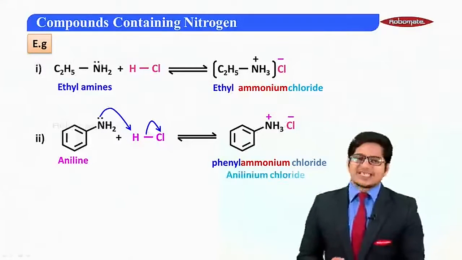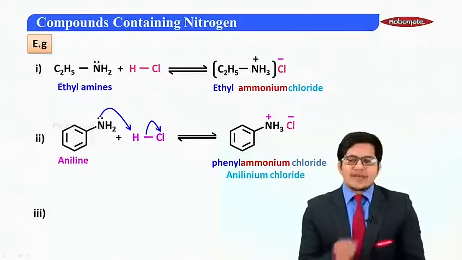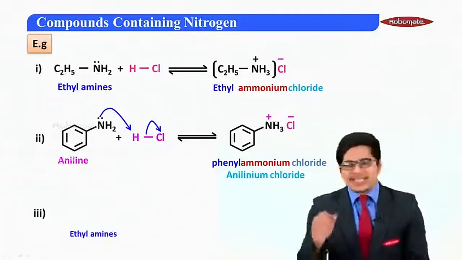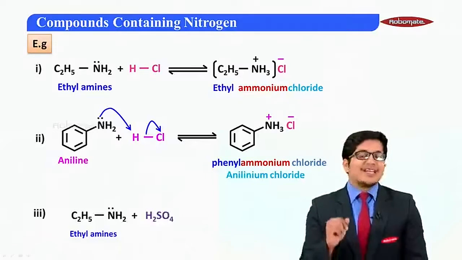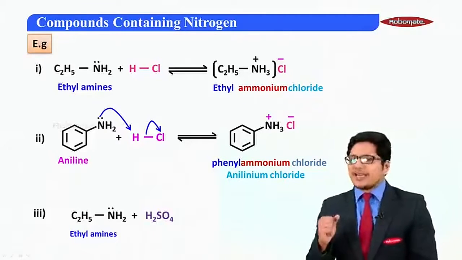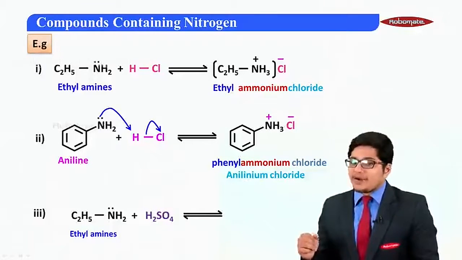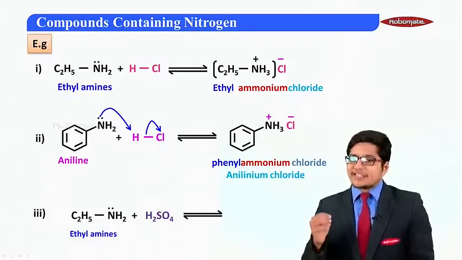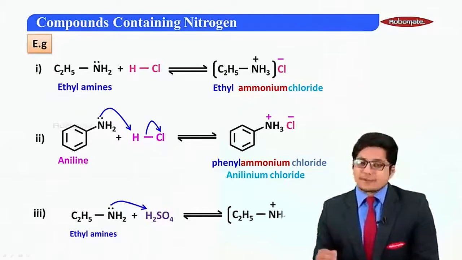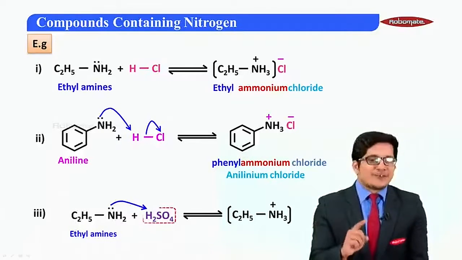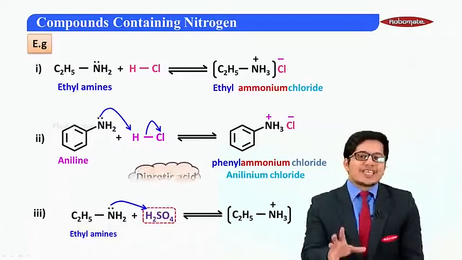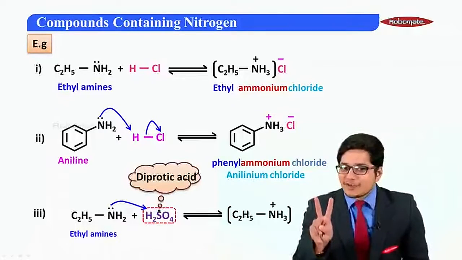Let's take the third example, a very tricky one. We again take ethylamine, but to this ethylamine we add H2SO4. Obviously, we get C2H5NH3 as our first product. But we need to remember that H2SO4 is a diprotic acid, that means it gives two hydrogens.